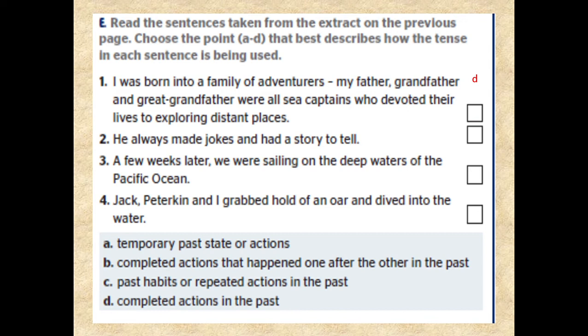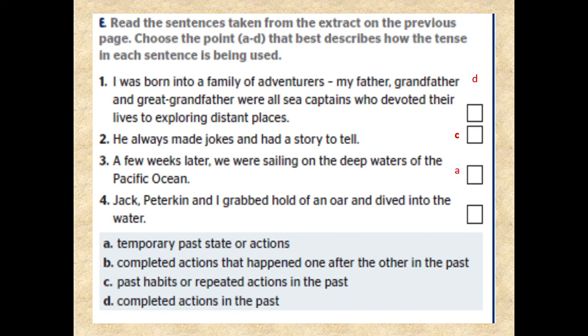Number 2. He always made jokes and had a story to tell. Always? Yes, exactly. Here the past is used for past habits or repeated actions in the past. 3. A few weeks later, we were sailing on the deep waters of the Pacific Ocean.